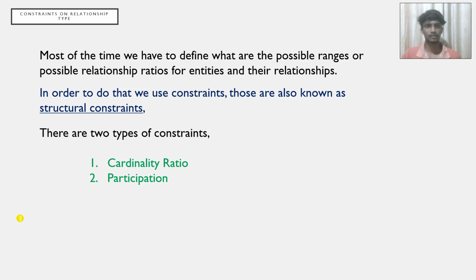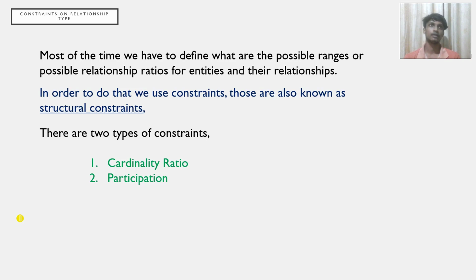So the next slide is constraints on a relationship type. This is again a very important thing. Most of the time we have to define what are the possible ranges or possible relationship ratios for entities and their relationships.